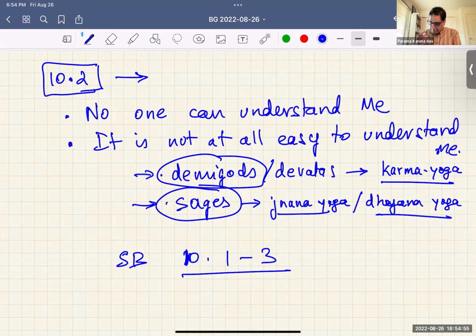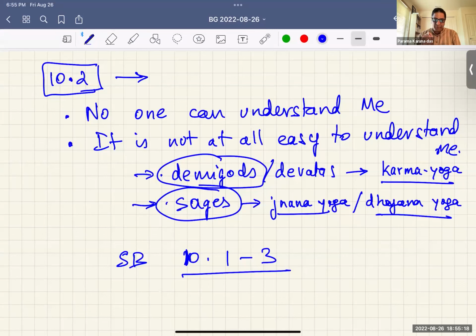How does 9.11 begin? Avajananti mam mudha manushim tanum ashritam param bhavam ajananto mama bhuta maheshwaram.